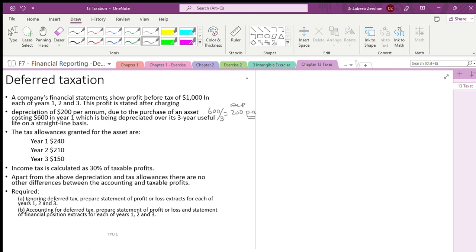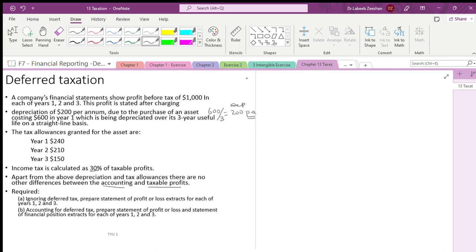The tax allowance is how much? 240, 210 and 150. The tax granted for the assets is year 1 240, year 2 210, year 3 150. Income tax is 30% of the profit. Apart from the above depreciation and tax allowance, there are no other differences between accounting and taxable profit.